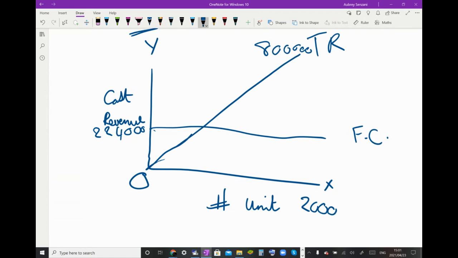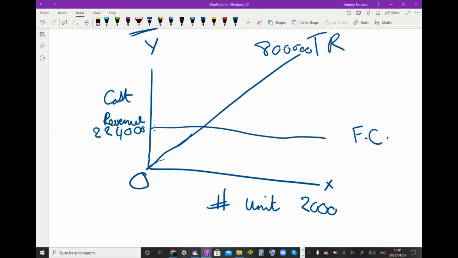Does that make sense? Then the next thing that they want you to calculate is the variable cost. Actually, let me start first with the variable cost.